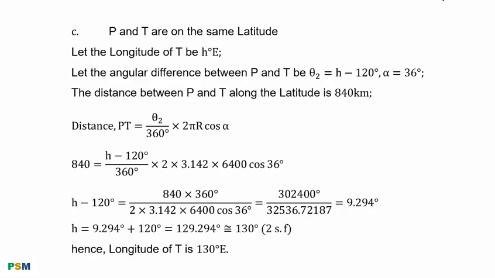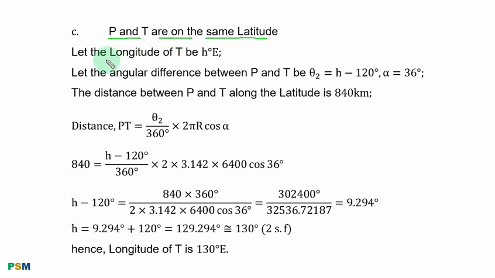C part of the question, we are to get the longitude of T. P and T are on the same latitude. That means their distance is through a small circle. Then P and T are on the same side of the prime meridian.